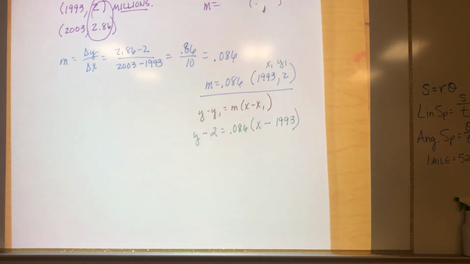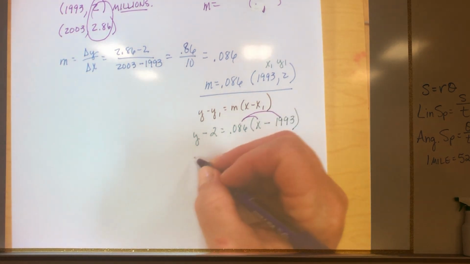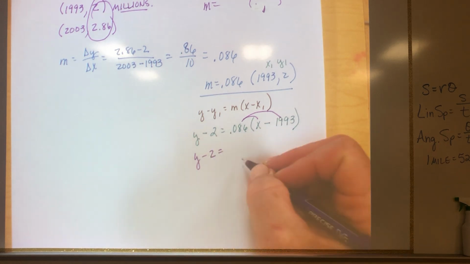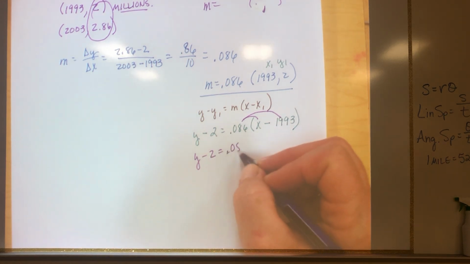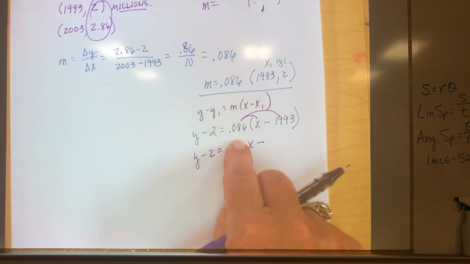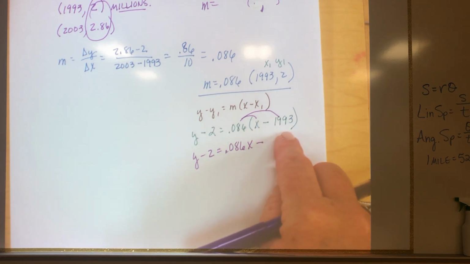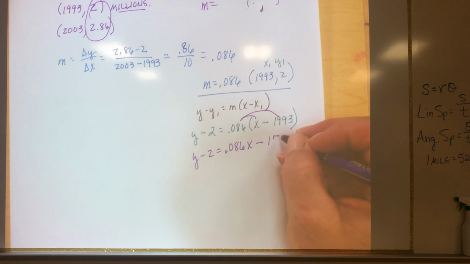Distribute and collect. Distribute and collect. So we're going to distribute here, okay? I'm gonna get y minus 2 is equal to 0.086x minus, and this is where I think, woo, I'm so glad I got a calculator. I'm gonna go 0.086 times 1993, and you're gonna get 171.398.